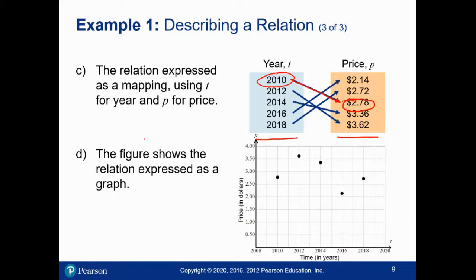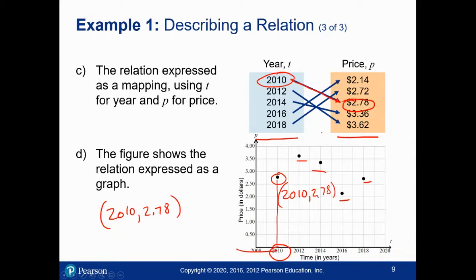You can also then plot these ordered pairs. Remember, we had the ordered pair, for example, (2010, 2.78), which you could then graph by going on the x-axis to 2010, on the y-axis to 2.78, and plotting this ordered pair. And then these points correspond to the other ordered pairs in this relation.